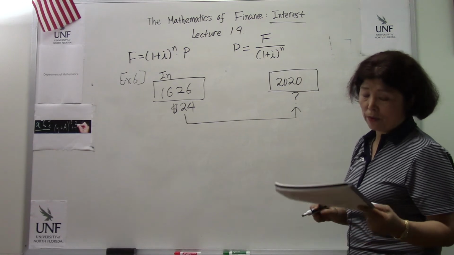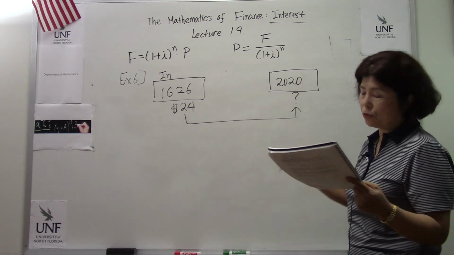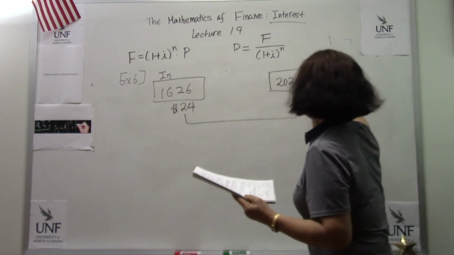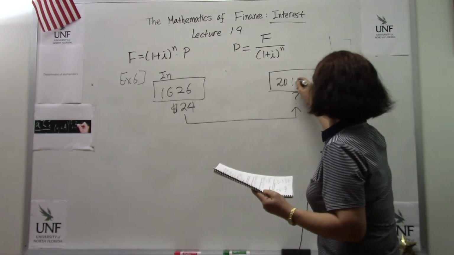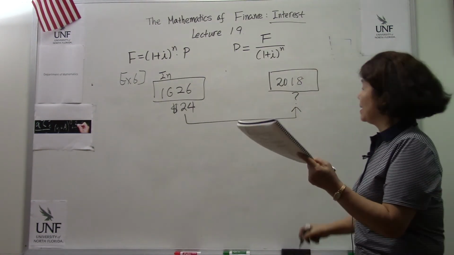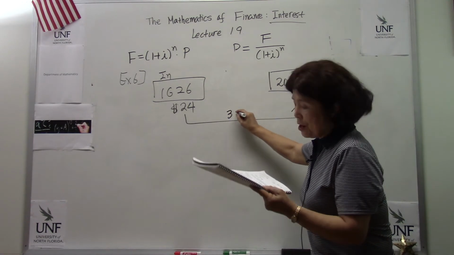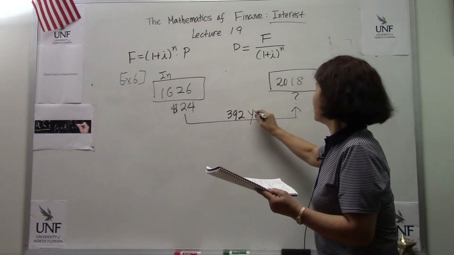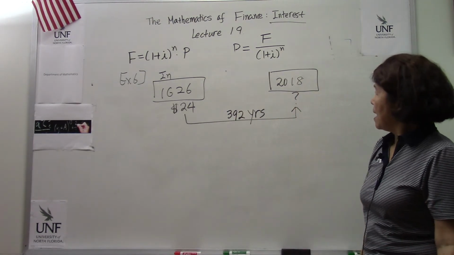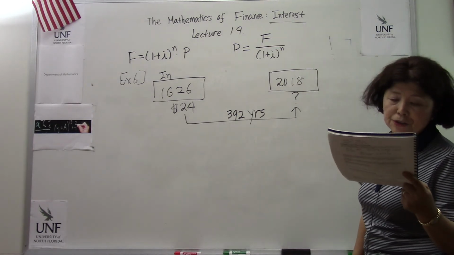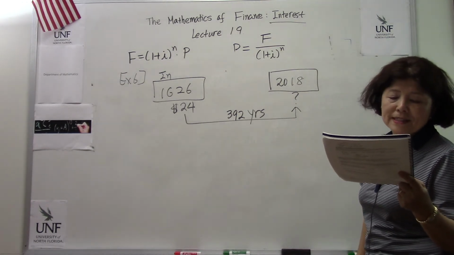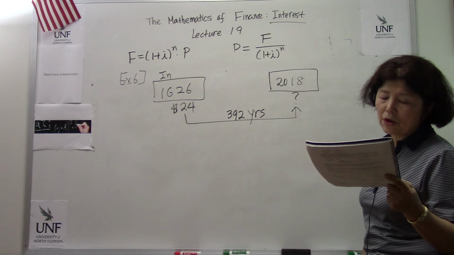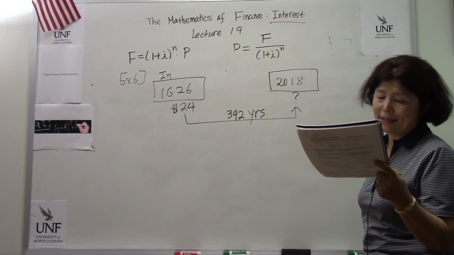Oh, how many years? 2018. I asked you for 2018. The number of years is 392 years past. Under the condition of 3.2% interest compounded quarterly, what is the value of Manhattan Island?